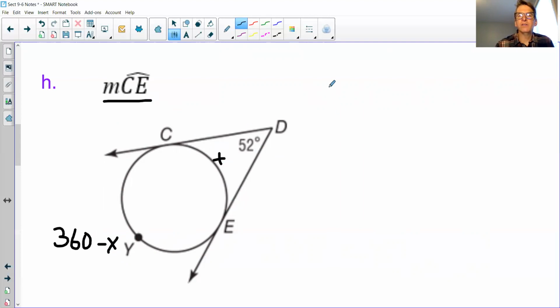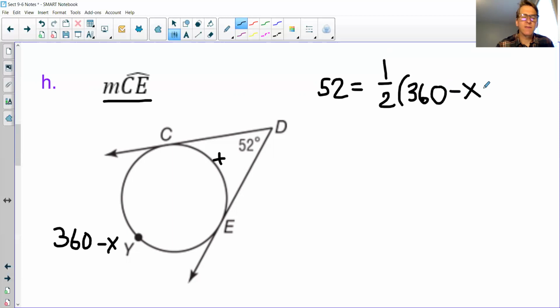Okay, so this is set up this way. 52 is equal to 1/2 times the difference, 360 minus X, and then we're going to subtract this X. That's how you set that problem up.